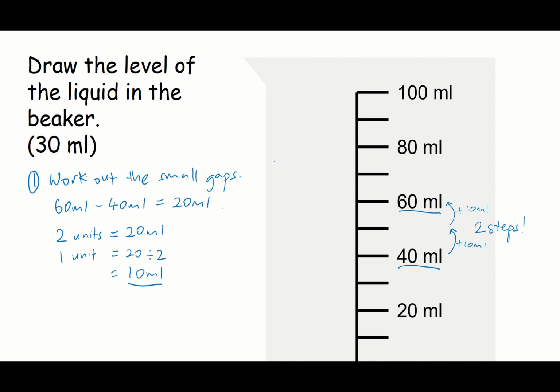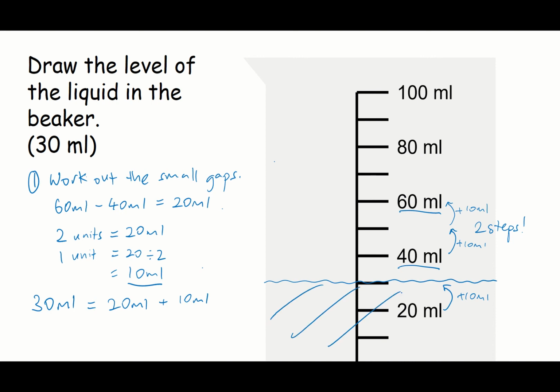So to find 30 milliliters, the closest is 20 milliliters plus 10 milliliters. And that will be 20 plus 10, and this is 30 milliliters.